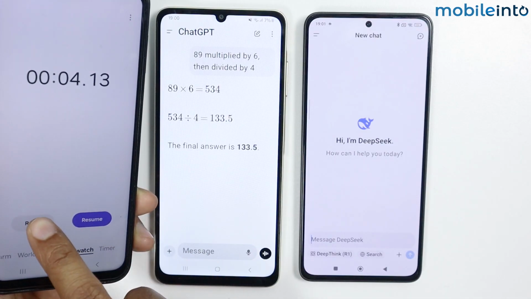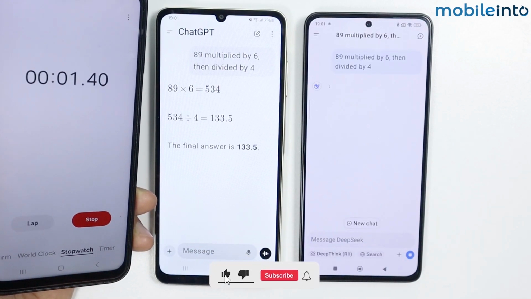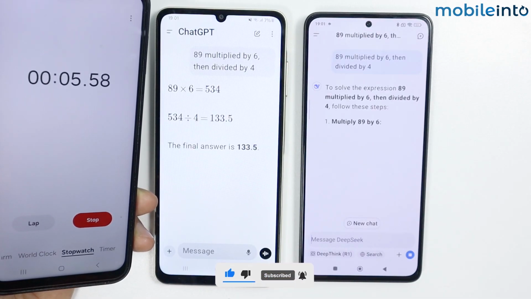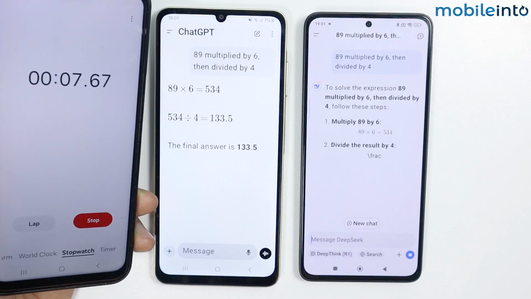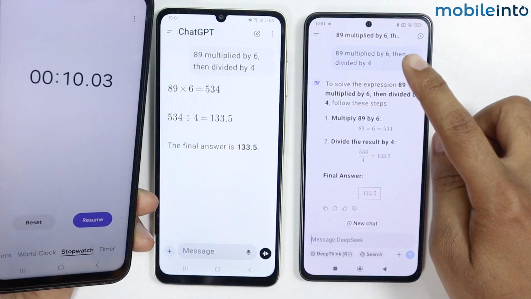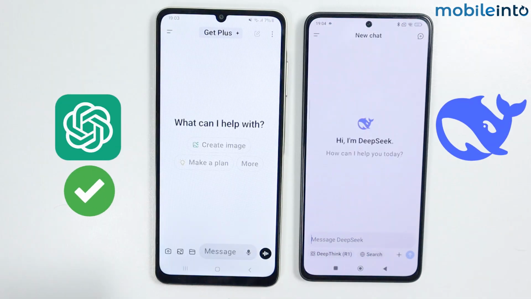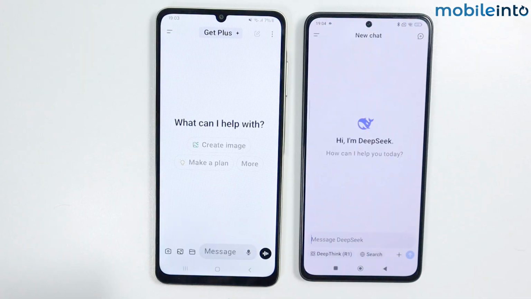I will reset the stopwatch. DeepSeek gave this question answer in 10 seconds. In this case, ChatGPT is faster, while DeepSeek is a little bit slower. However, I like the DeepSeek answer because it shows the steps involved.